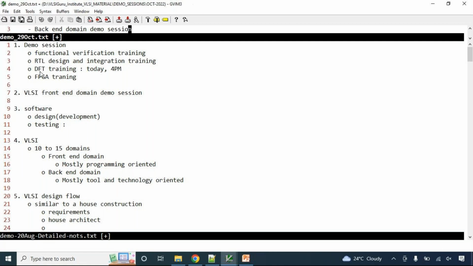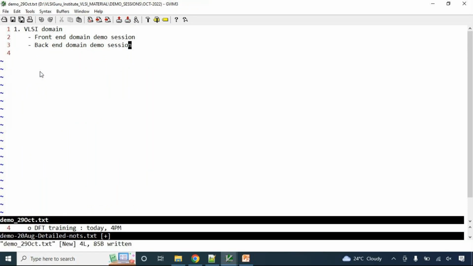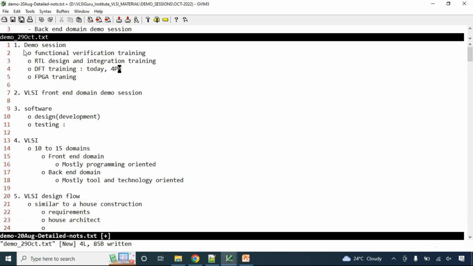Coming back to here, we will divide this demo into two parts. Initially, for 1.5 hours, I'll be talking about the front-end domain and what all aspects are there. In the later part, we'll go over the question and answers. Any questions you have, I'll try to address those questions.